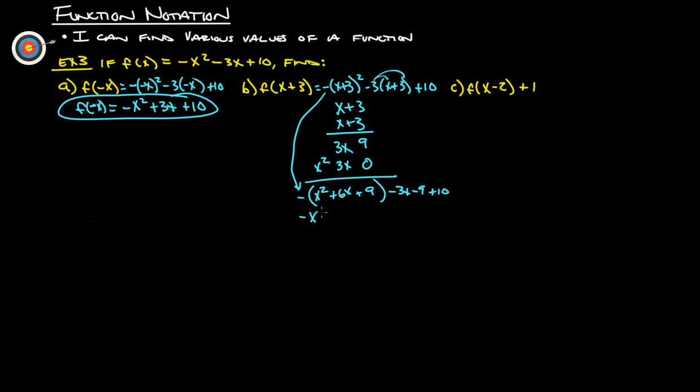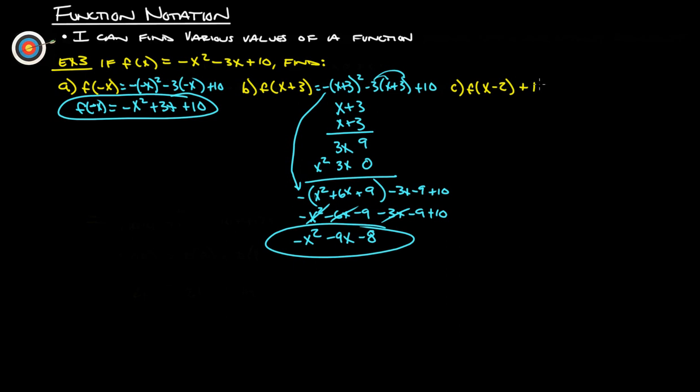So we have negative x squared minus 6x minus 9 minus 3x minus 9 plus 10. Now we can collect like terms. Negative x squared. We have a negative 6x and a negative 3x is negative 9x. Negative 9, negative 9, and positive 10 brings us negative 8. So that's the function of x plus 3.